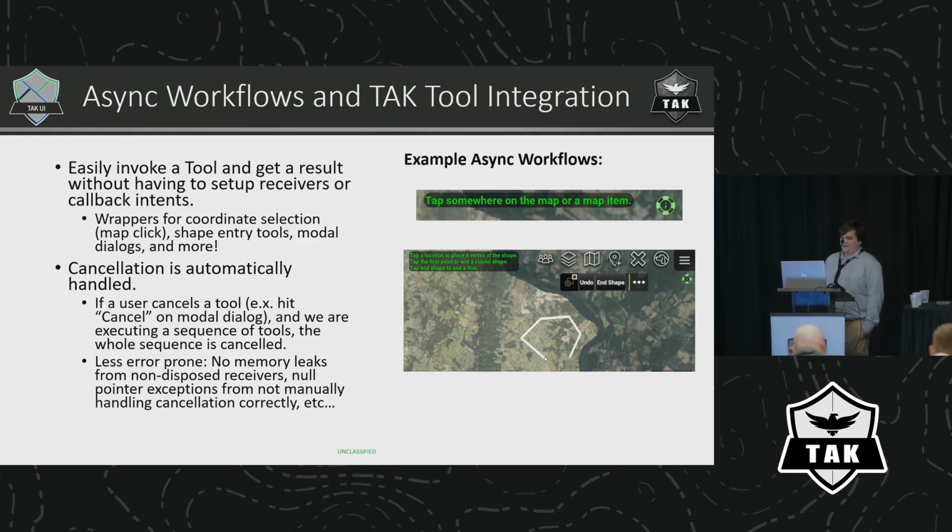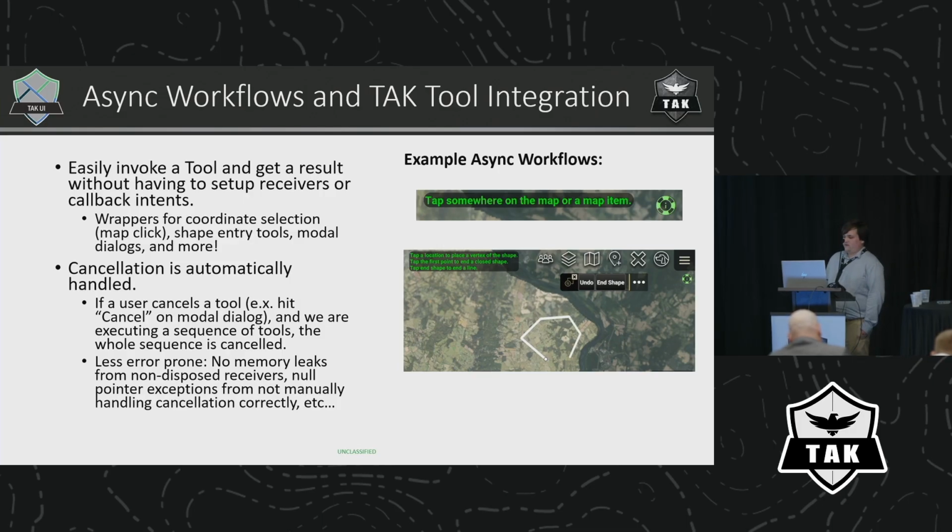So if you're used to doing this kind of stuff in TAK without coroutines, using the raw callback and broadcast receiver-based APIs, you'll know that it can be very finicky, and you have to make sure that you're manually handling every case where a user might cancel out of a dialog or something like that. TAK UI handles that for you automatically.